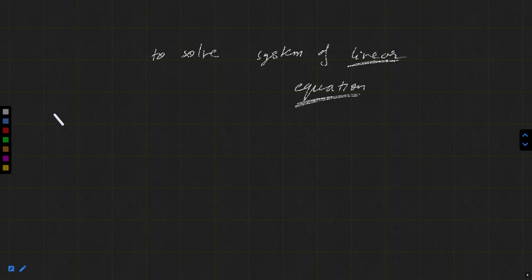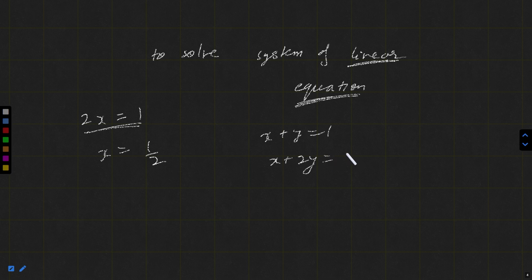In previous classes you have learned like this. If you are given this equation, then you can directly solve this. If you are given this equation, you can also solve this using elimination. What if you are given say 10 equations with 10 variables? Then how are you going to do that?